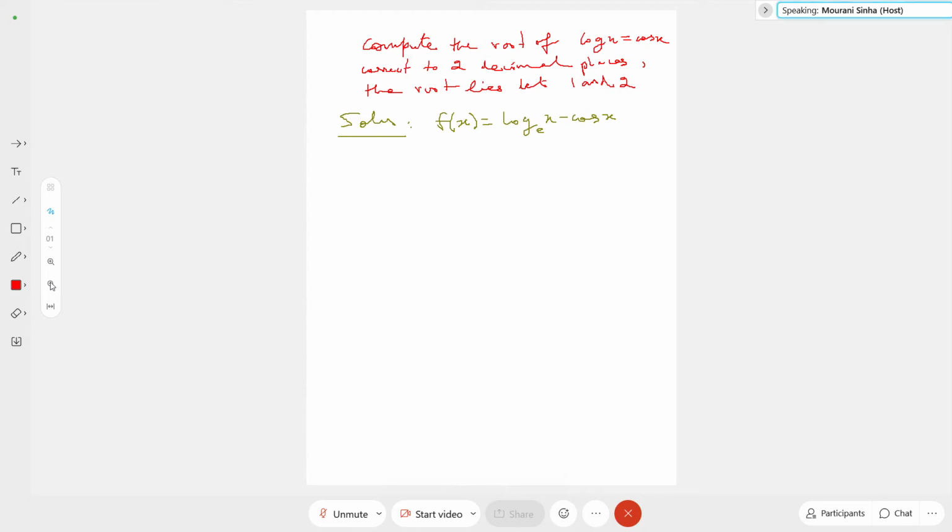The root lies between 1 and 2. You are lucky, it is mentioned, so you don't have to find it by trial method. Just confirm that f1 into f2 is negative. So find the value of f1 and f2 and tell me how much you are getting.